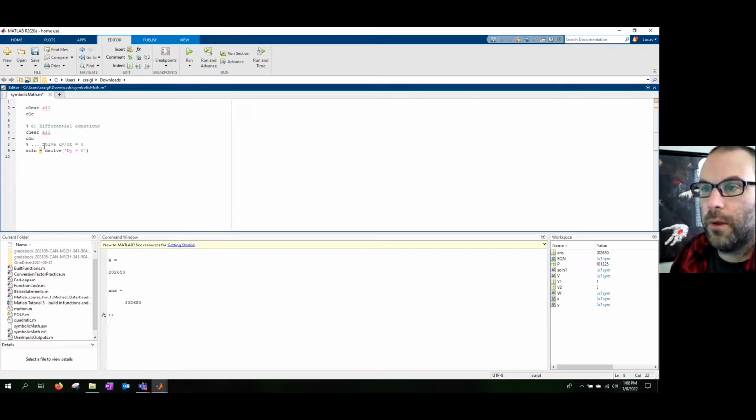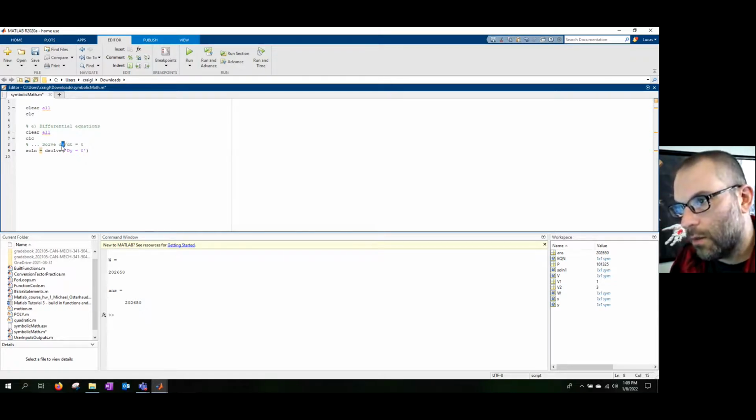But if we're trying to solve this differential, this is a derivative, and the derivative is set to 0, okay? Matlab has a built-in function called dsolve, okay? So we're going to write dsolve, and then what we need to do is we need to identify that this is the derivative, capital D, with respect to y, okay?